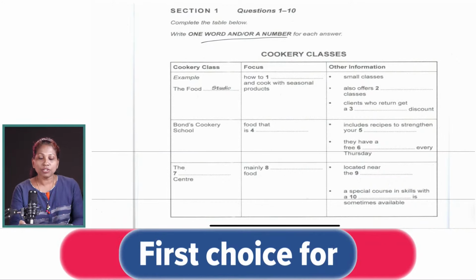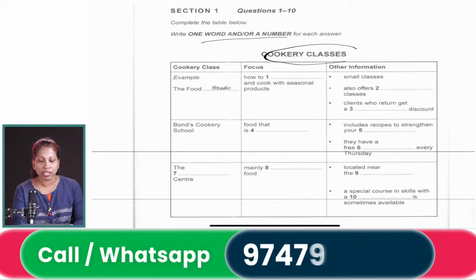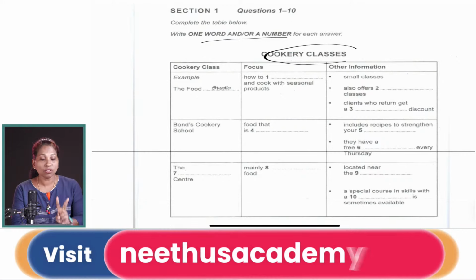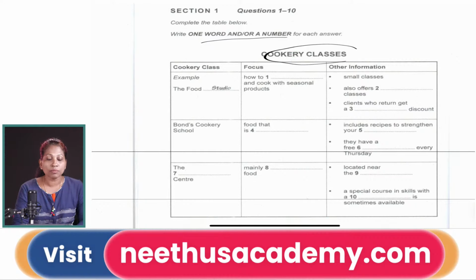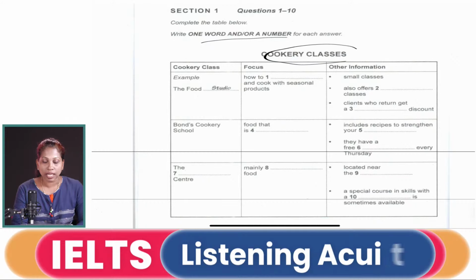Then you can see a table which has got a title, cookery classes, right? Then it has got certain rows and columns, and there are 3 titles which are given for the columns. It says cookery class, first one, then its focus, and then it says other information, right?